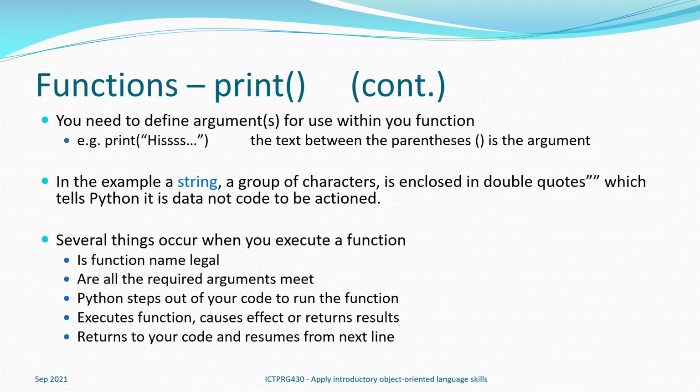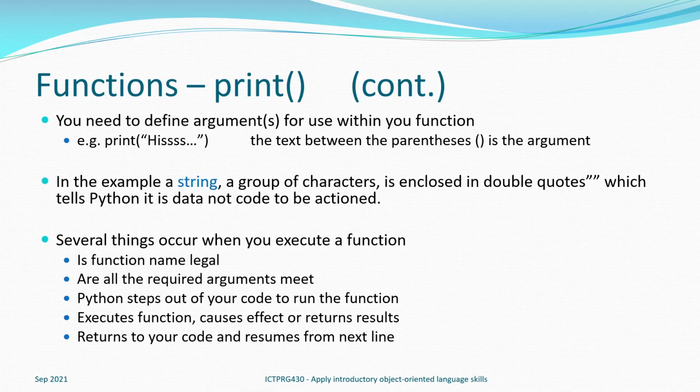Alright, so here the function was print, and within the quotes was our argument, which was to be displayed within the console. Now, our argument was in double quotes, and that told Python that it's to display it. Several things occur when Python goes to execute a function.